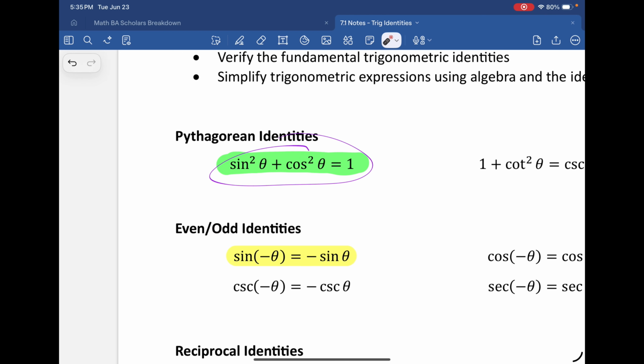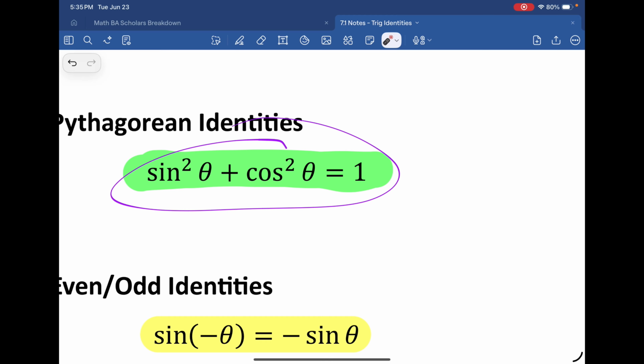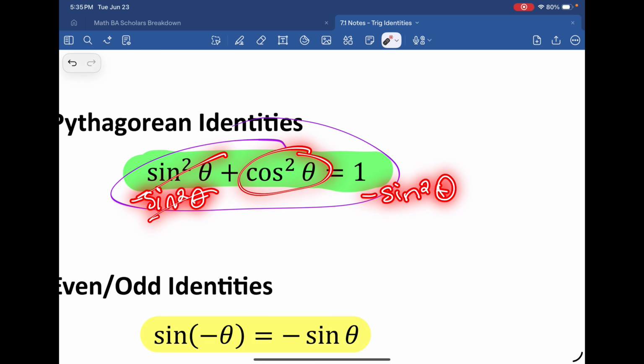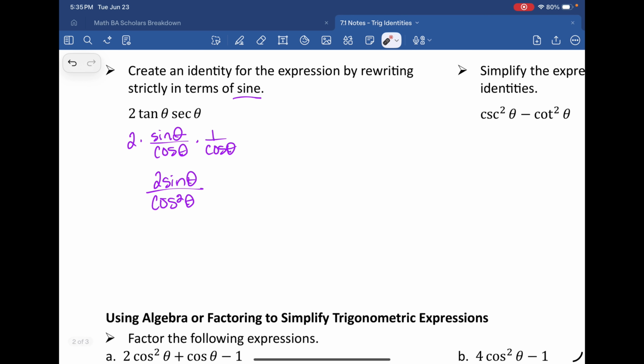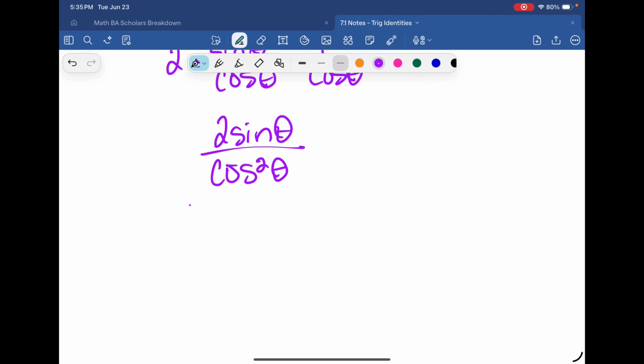And I did that backwards. I really need to solve for cosine. So if I take sine squared and subtract, then I see that cosine squared equals 1 minus sine squared.